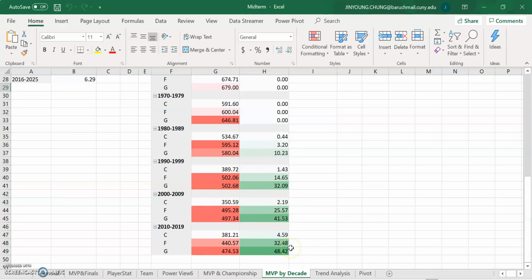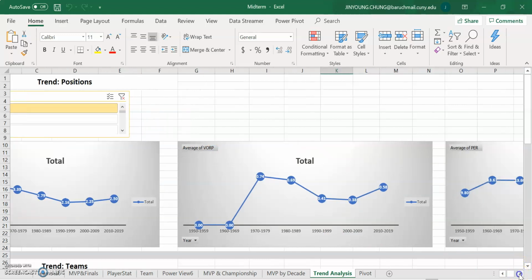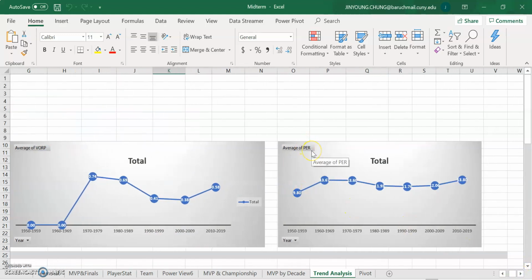Now we know that the 3-point rule has increased the importance of smaller positions. We need to prove that small positions are taking more responsibility for their team's success. Therefore, I created 3 graphs of average win share, VORP, and PER values of each decade by position.